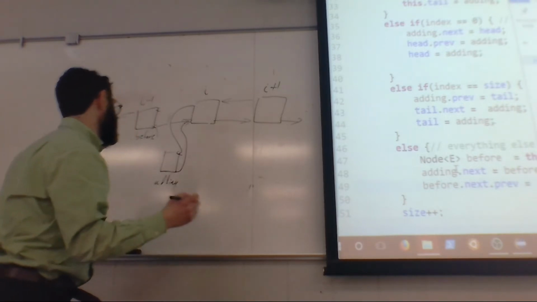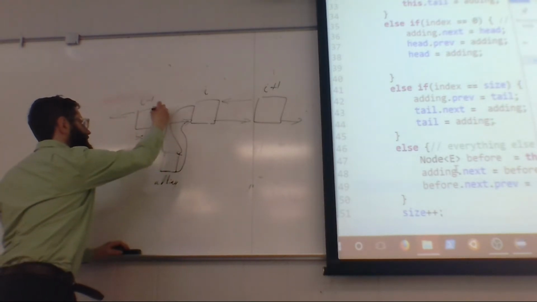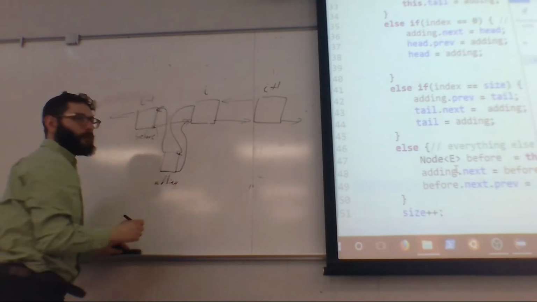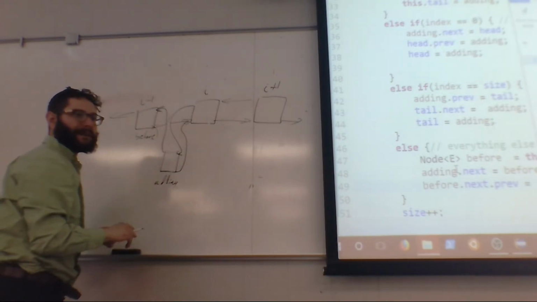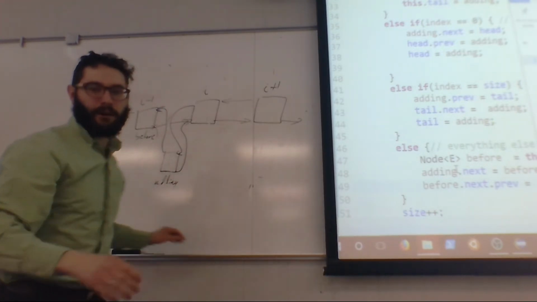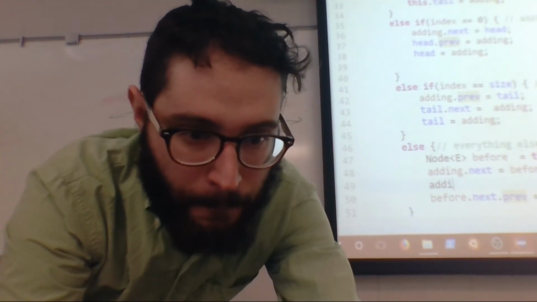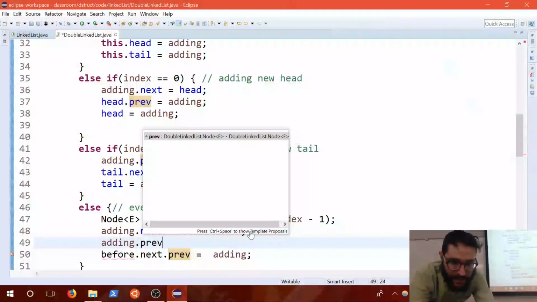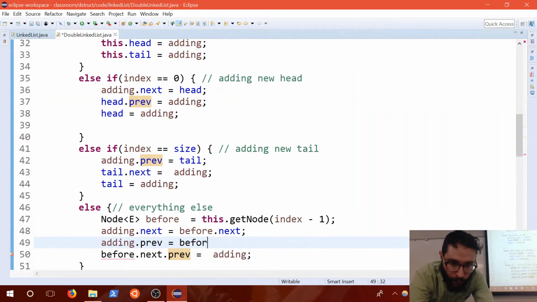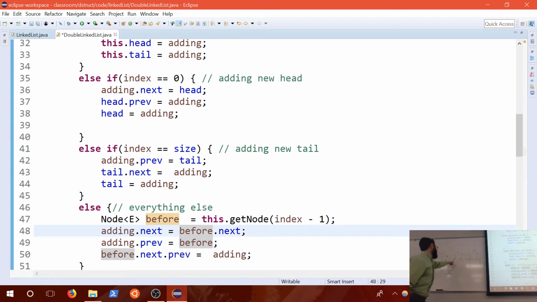All right, remember, adding.previous is going to be before. That makes sense to everybody? So I'm going to put that in over here, beforehand. Adding.previous is equal to before. These two lines make sense: adding.next attaches to before's .next, and then adding attaches to the guy who's going to come before him.